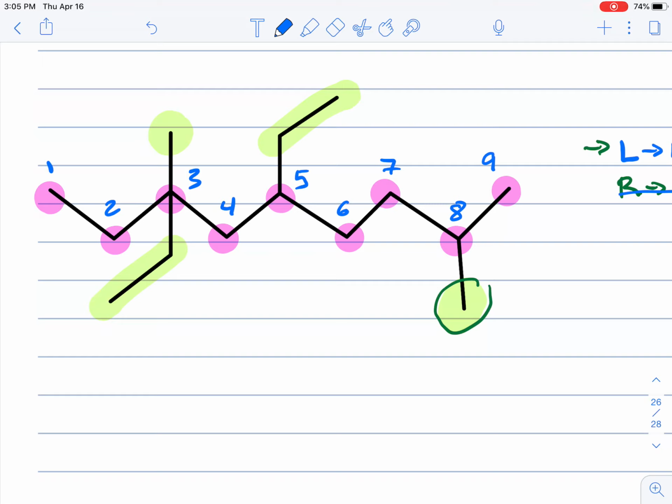All right, so let's go ahead and look at some stuff. So here, it looks like I have a 3-methyl. Here I have a 3-ethyl.